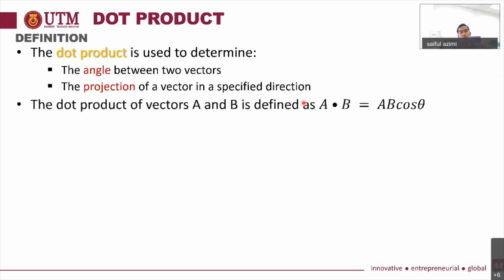Right. So the formula for the dot product is: the dot product of vector A and vector B is defined as A dot B equals AB cos theta.